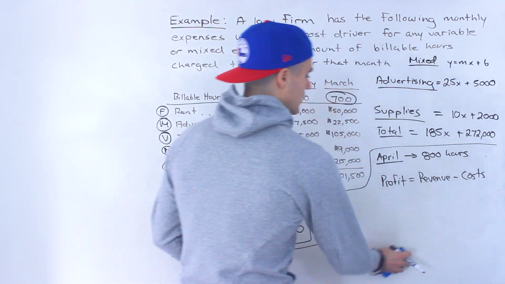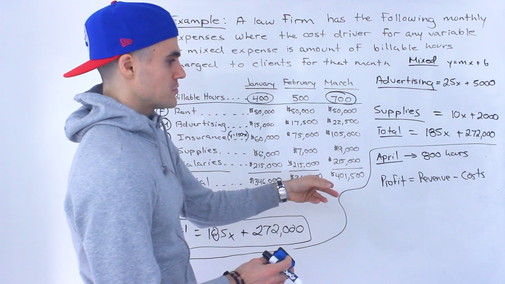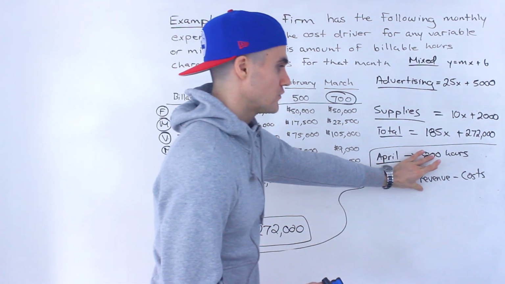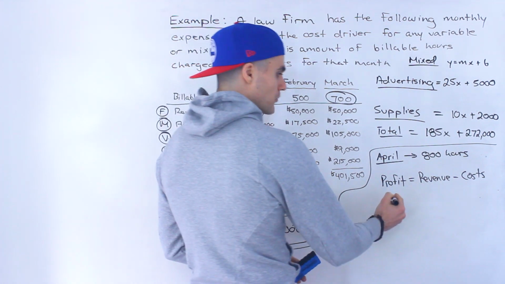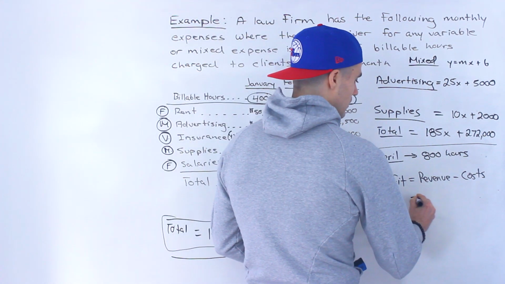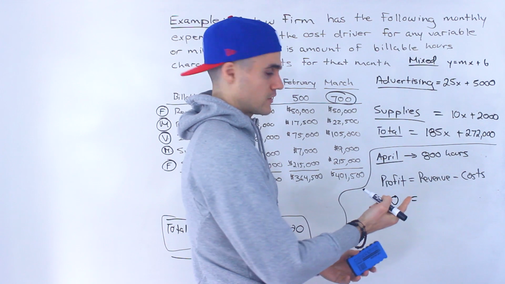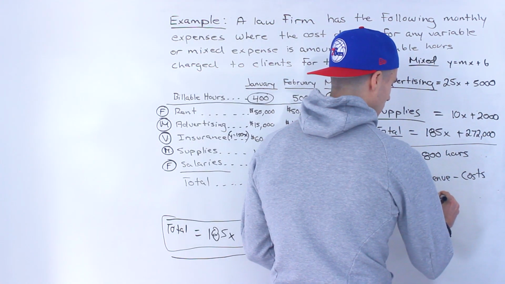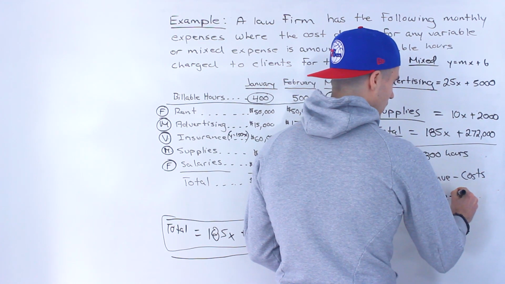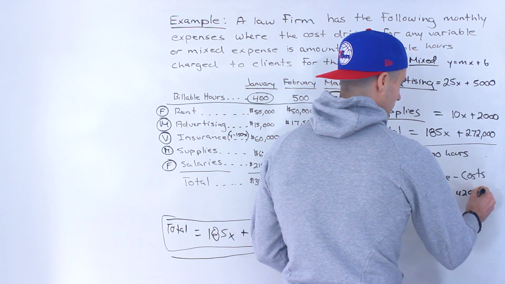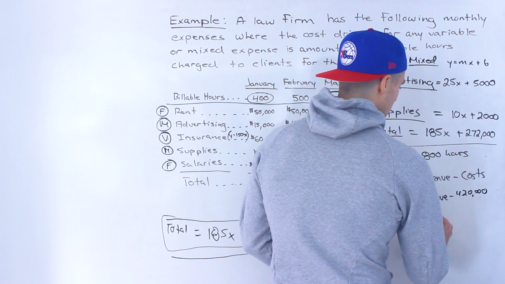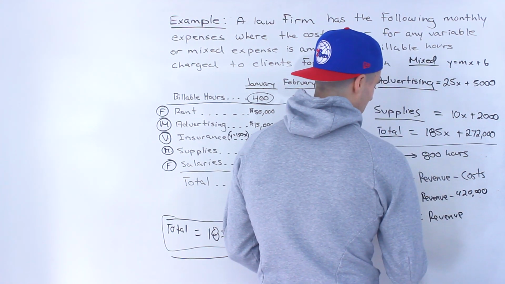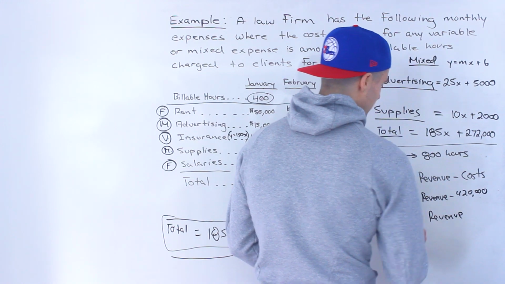Now, in order for a firm to be profitable, we can figure out what's the minimum revenue it has to come up with. And the minimum revenue it would have to come up with is to break even when the profit is 0. So we'll have revenue minus, and the total cost is $420,000. So basically the revenue, if we isolate for it, we have to come up with a revenue of $420,000.